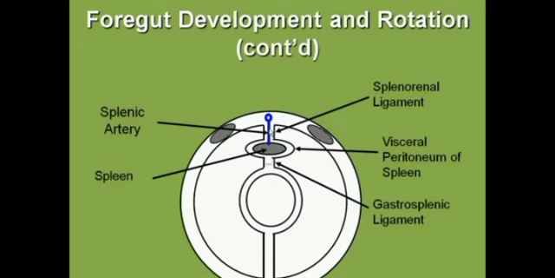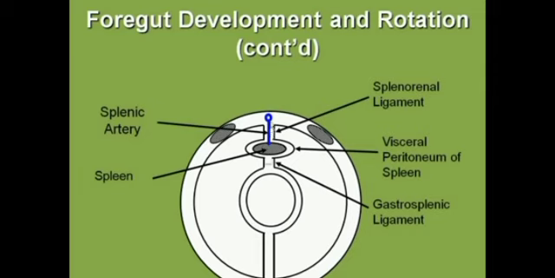And that indeed is the case, and that's a very important anatomical relationship, because surgically, if you need to find the splenic artery in order to stop the blood flow to the spleen, let's say in the case of a rupture of the spleen, it's easy to find the splenic artery even if you can't see much because of the blood in the peritoneal cavity, because if you can just feel for the splenorenal ligament and squeeze the ligament, you'll know that the splenic artery will be within that ligament, and so by squeezing the splenorenal ligament, you'll be compressing the splenic artery and cutting off blood flow to the spleen.